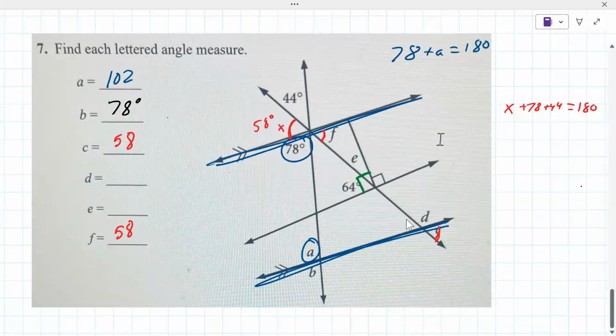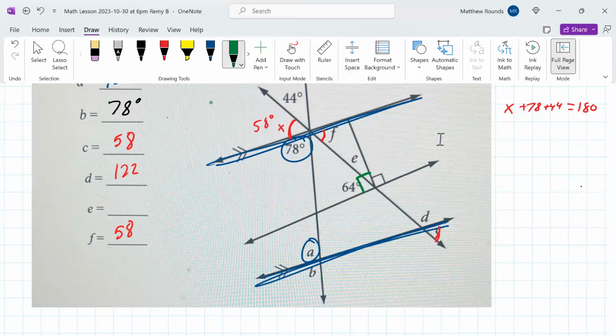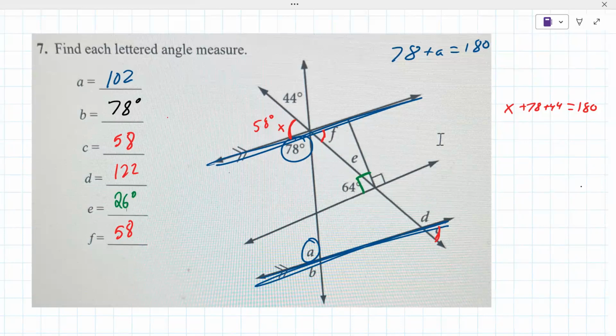And then D you get by subtracting from 180. It's a linear pair. So you do 180 minus that 122. So you don't necessarily do them all in order. And then E and 64 make up a 90-degree angle there. That ends up being 26 degrees.